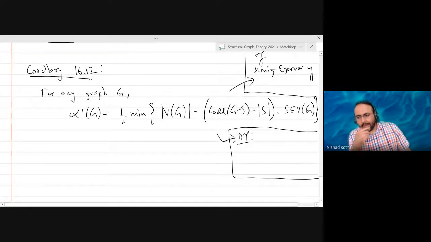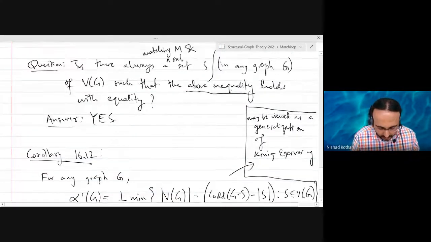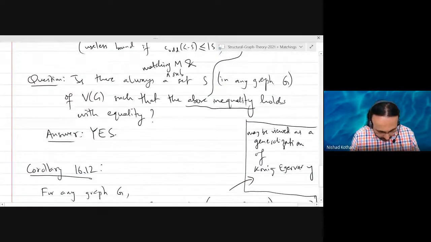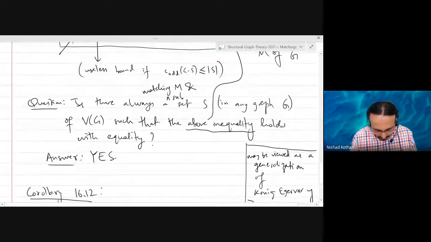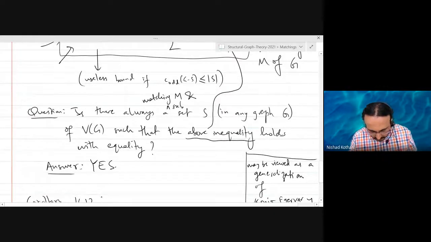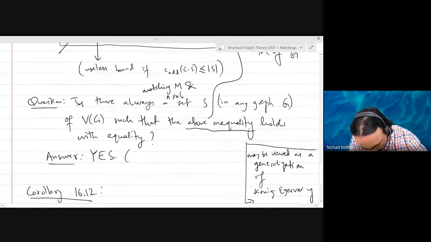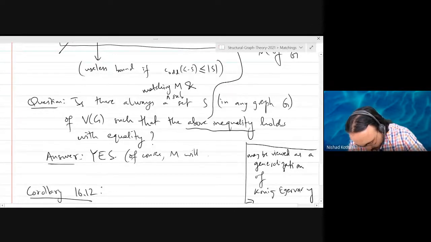You can show that any minimum vertex cover. Okay, I need to first define a term because I did not do that yet. So the answer to this is yes, and of course, M will have to be a maximum matching, right?